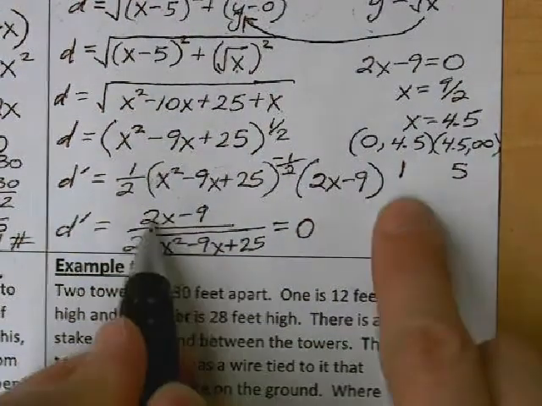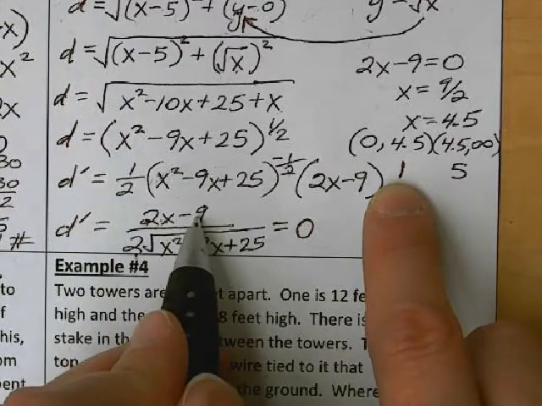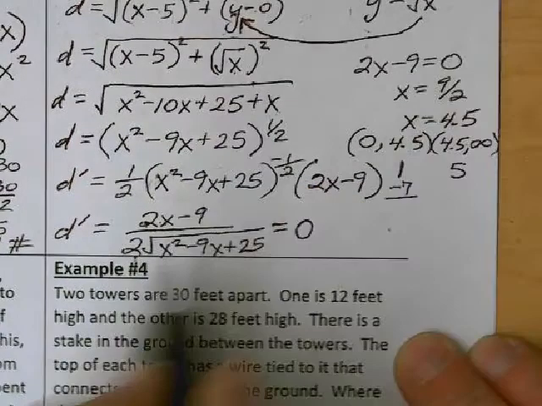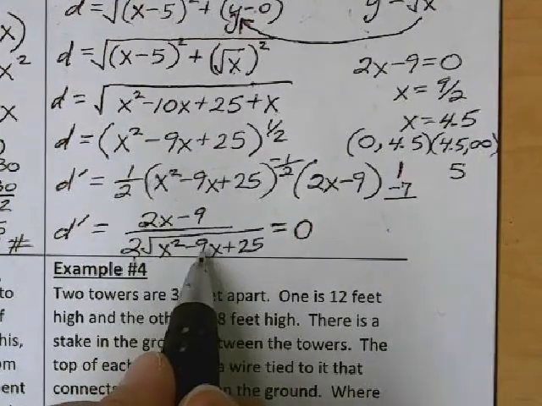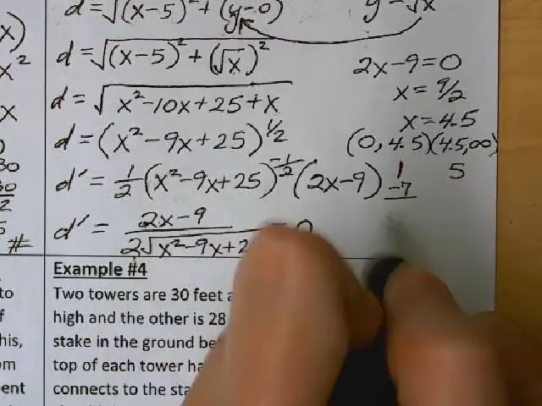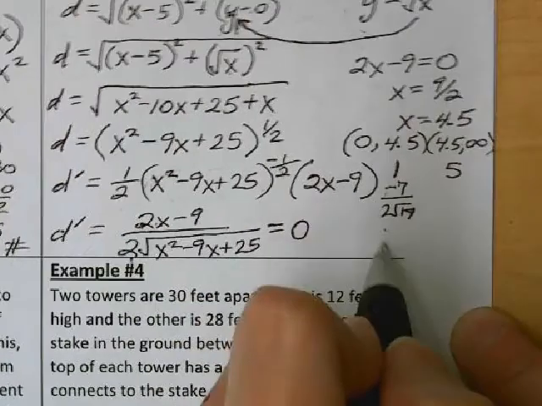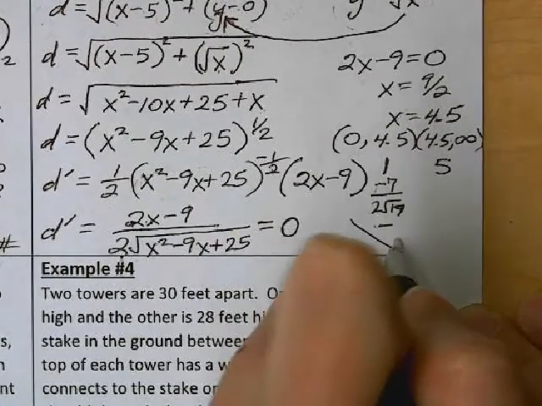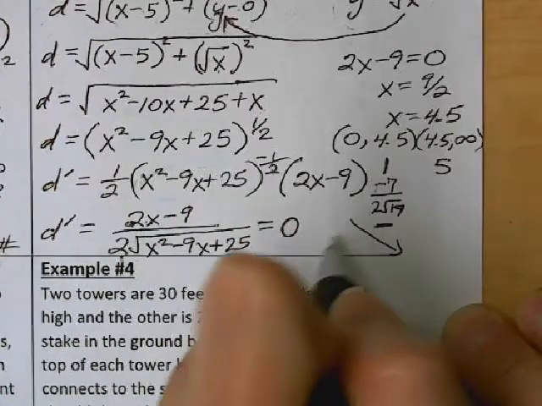If I plug 1 in there, 2 times 1 is 2. 2 minus 9 is negative 7. So the top I'm getting negative 7. What do I get for the denominator if I plug a 1 in? 1 minus 9 plus 25, I get a square root of 17, so that's coming out positive. I'm getting 2 times square root of 17. So I'm getting negative 7 over 2 square root of 17. So I'm getting a negative, so my graph's decreasing there, going down.